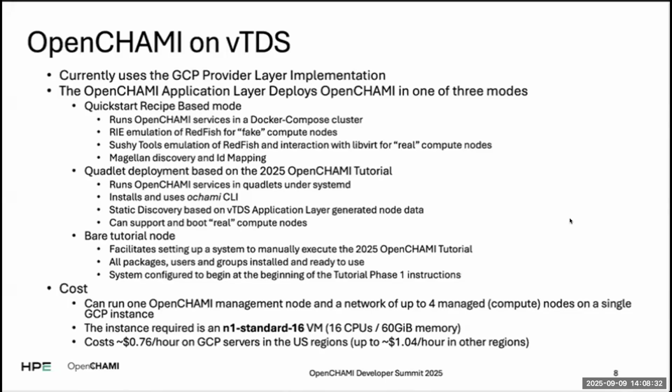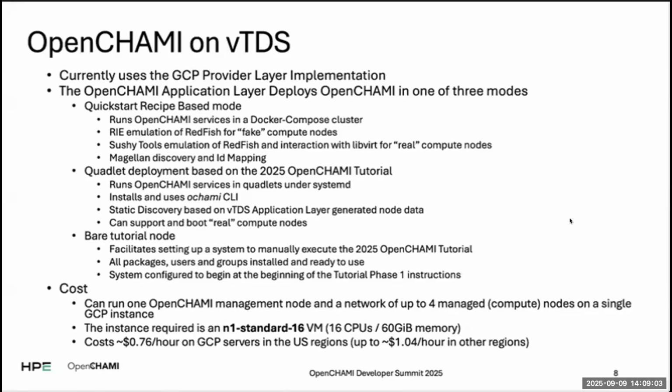The second mode is a quadlet based deployment based on the 2025 OpenShami tutorial that Alex referred to earlier today. This runs OpenShami services in quadlets under systemd. Installs and uses the OpenShami CLI, and does static discovery currently based on VTDS application layer generated node data.